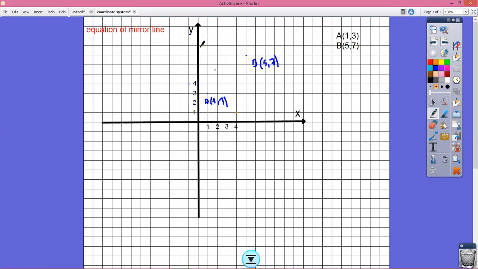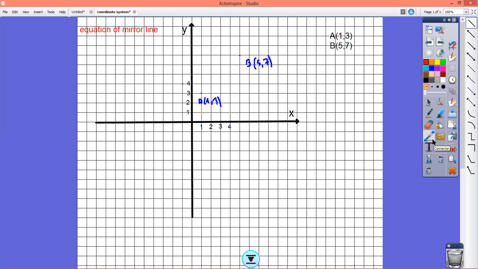Now somewhere here there must be a mirror line, here or here, I don't know. We should find it. It can be here, here, or here. We don't know, but we need to find that mirror line. Okay, let's try to find it.